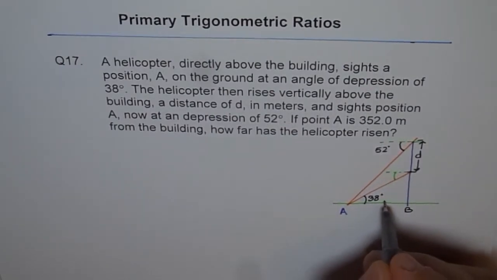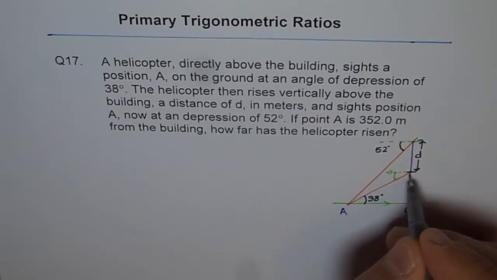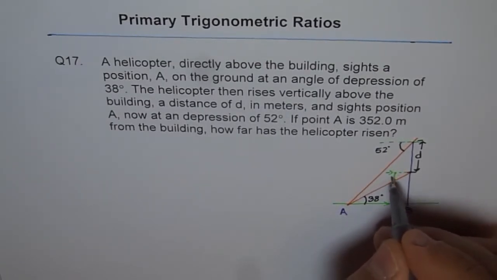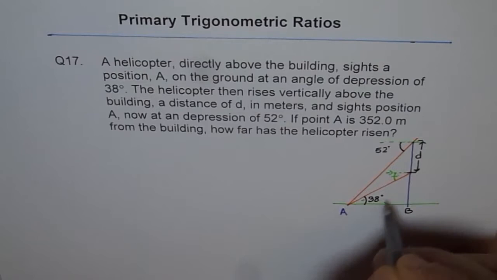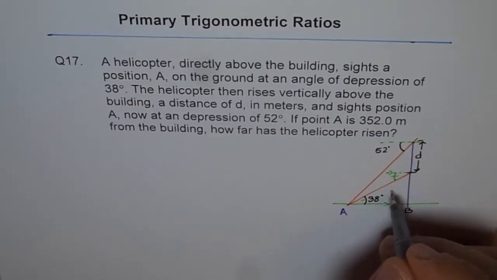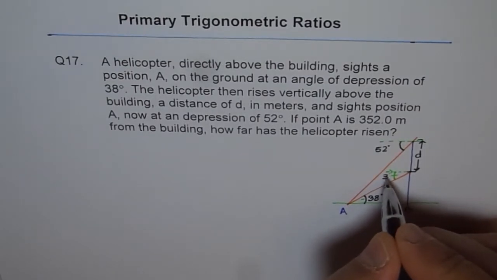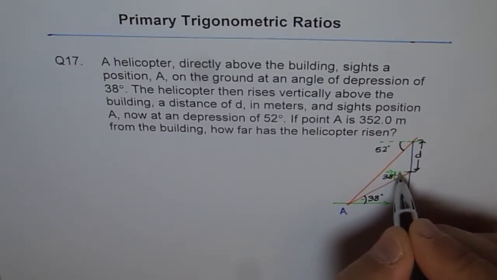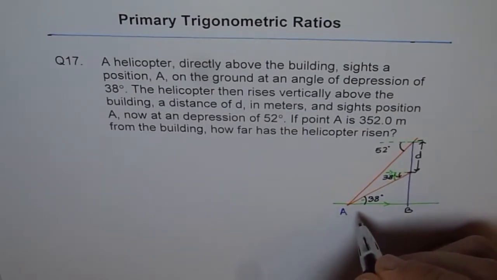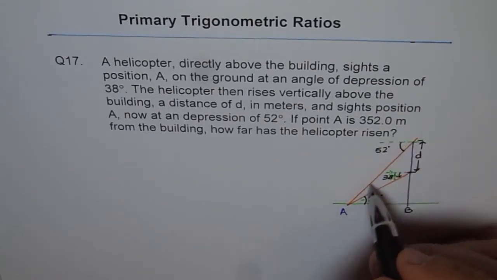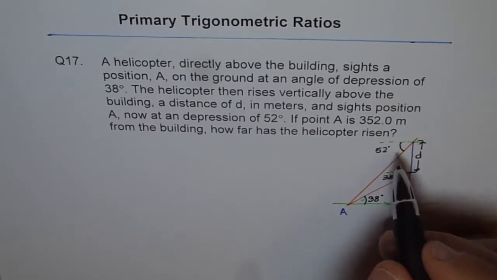These two lines are horizontal and parallel, and therefore this angle is equal to this angle. These are alternate angles, so I should have written 38 here. The angle of depression is this angle, the horizontal with the line of sight, 52 degrees.